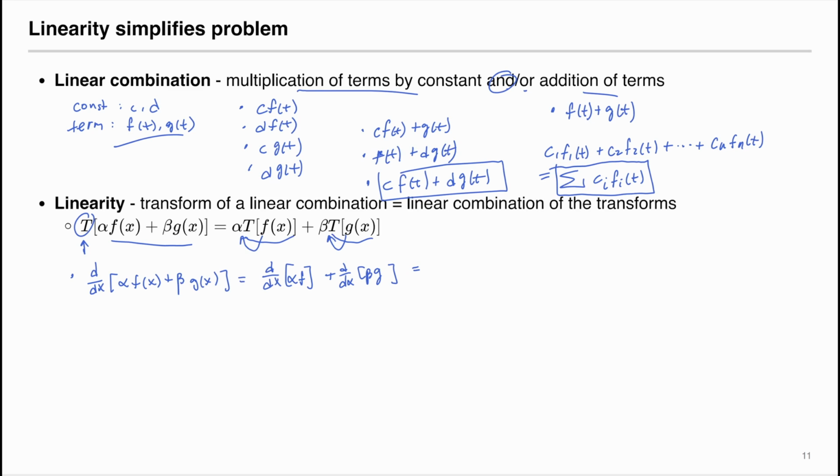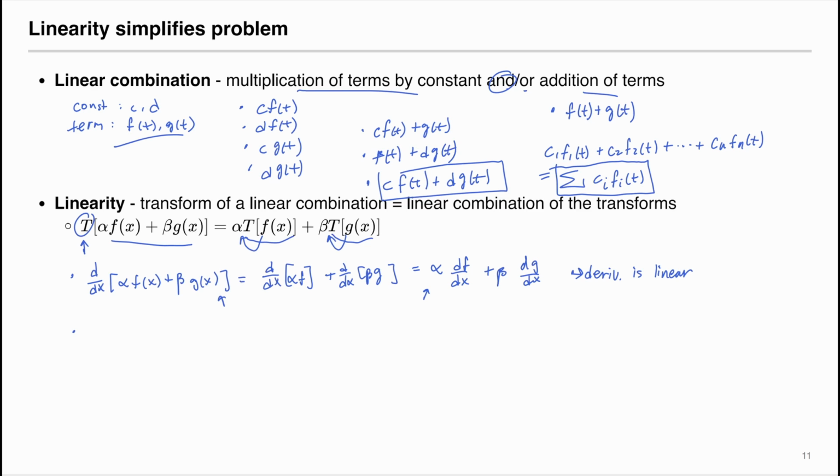And then the constant can also be taken out. So I take out the constant now, and if we compare these two terms, it satisfies the linearity condition. So we say that the derivative is linear, is a linear transform.